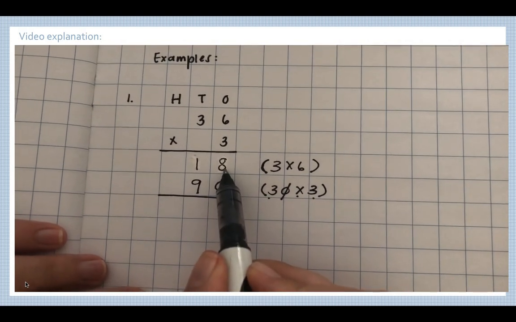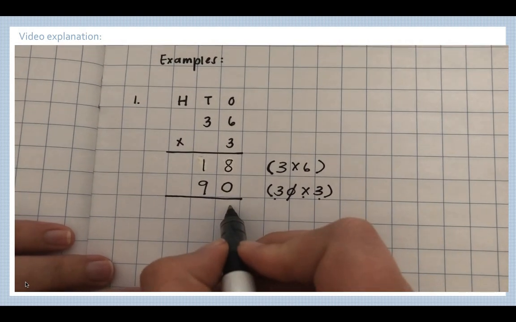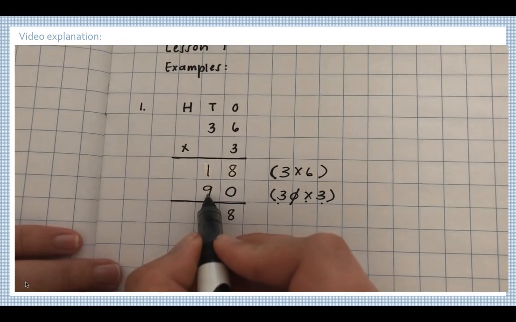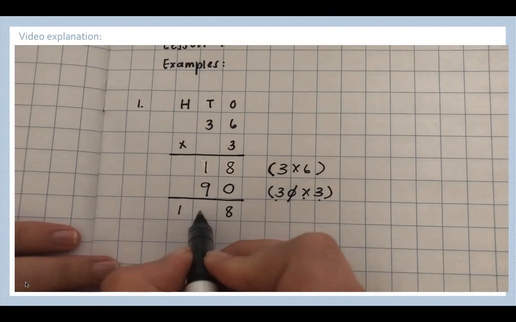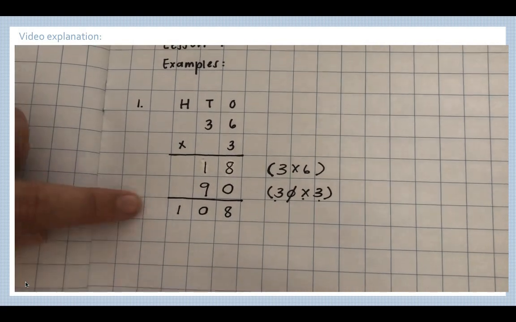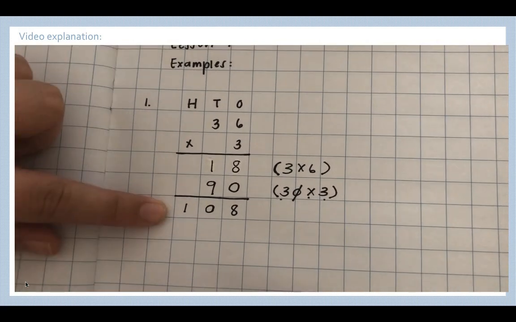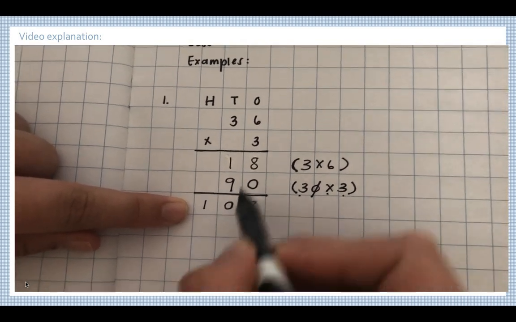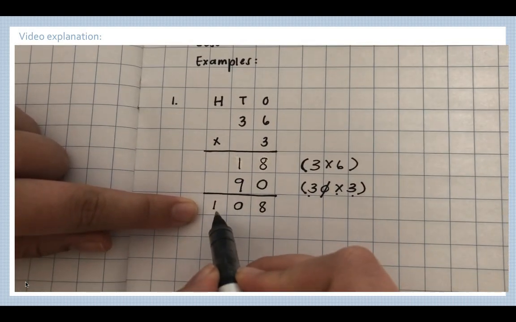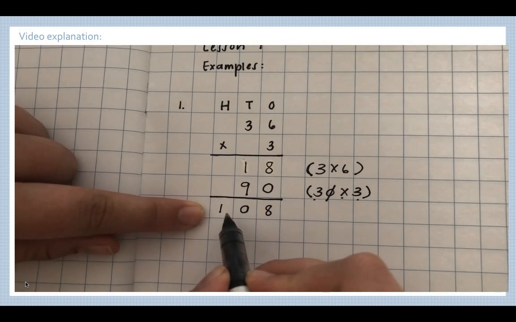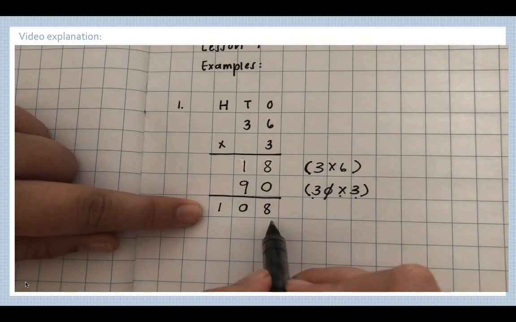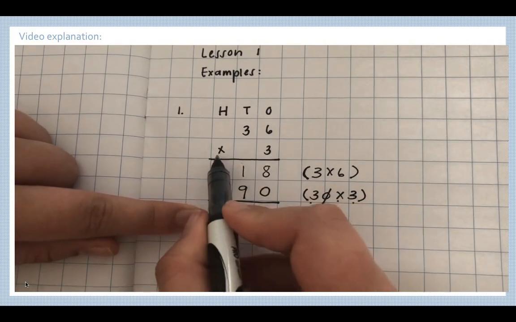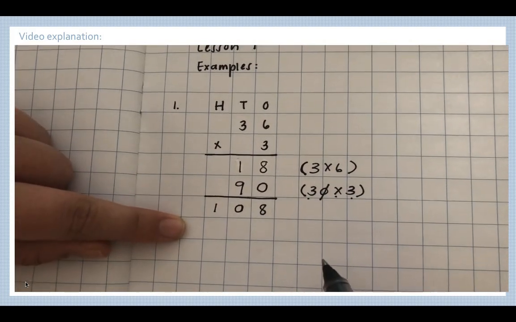Now I know 8 add 0 stays 8. And 1 add 9 will turn into a 10. That's why I added my hundreds column here. I can't write the number 10 in my tens unit. It moves to the house next door. And 108 will be your answer for 36 times 3.